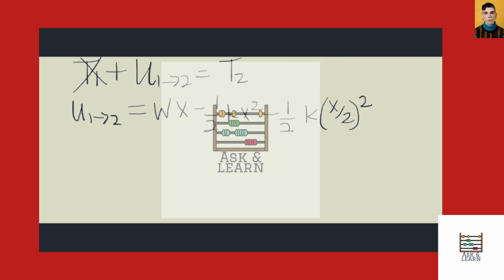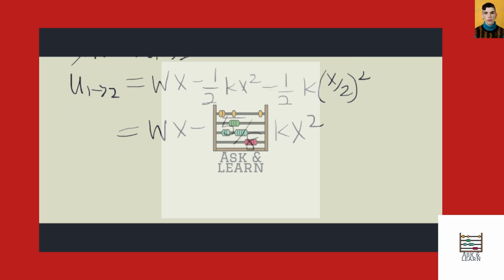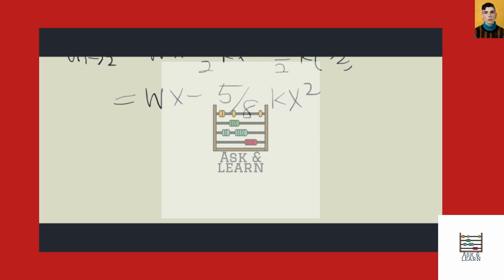As you can see, we can combine some of these like terms, and we end with an expression that is Wx minus 5/8 kx squared. So now we have an expression to solve for kinetic energy. We have that T2 equals 1/2 mv squared, which is equal to this expression for the work, Wx minus 5/8 kx squared.